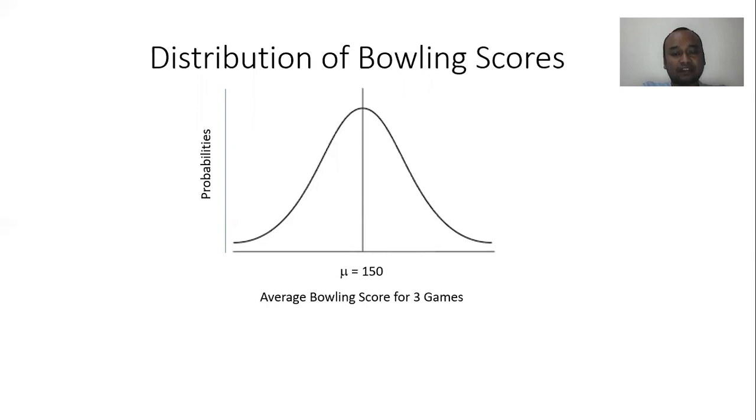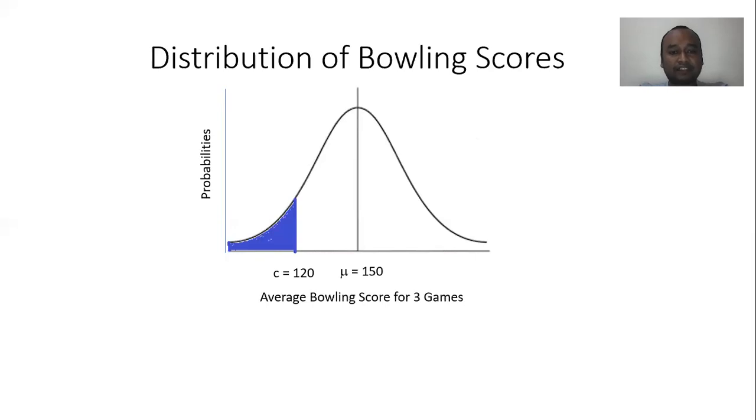From the data, the average score of Simon is denoted by mu equal to 150, and the y-axis, the vertical line, is the probabilities. You can see here the most likely average bowling score for 3 games should be 150. From this picture, we can see the cutoff point is 120. The shaded area, the blue area, is the rejection area. We call it the rejection area.